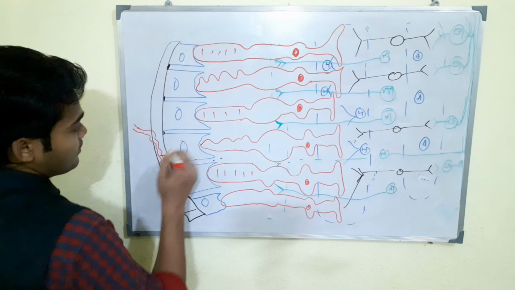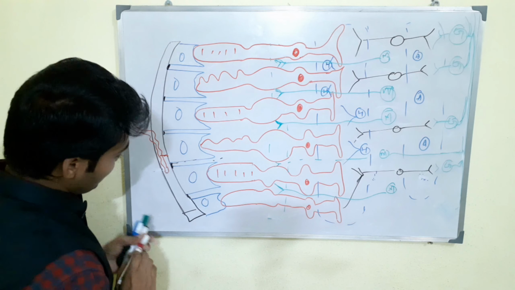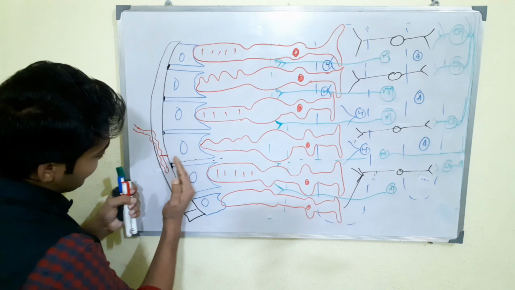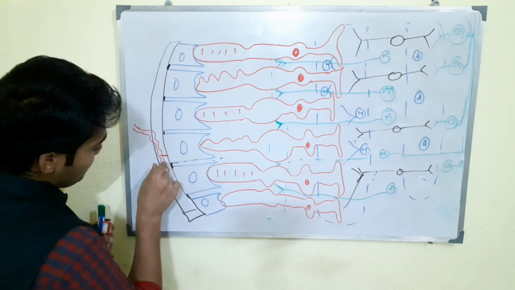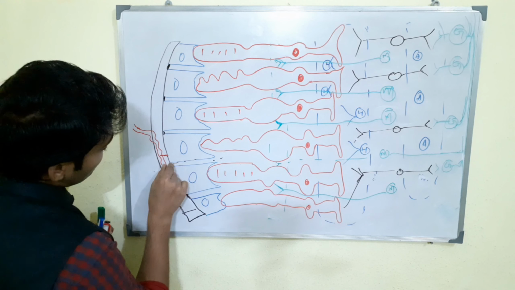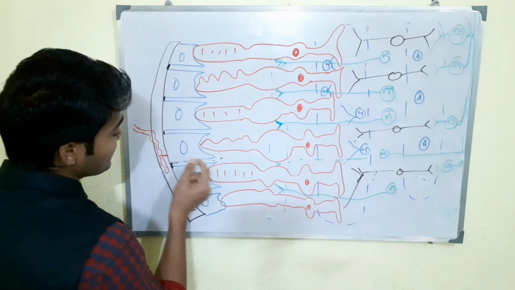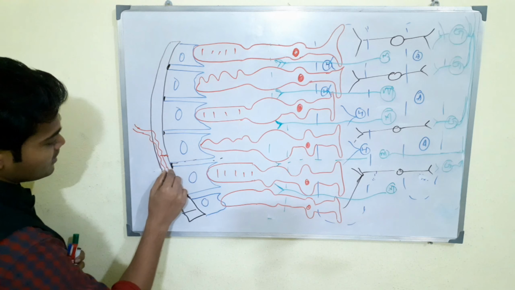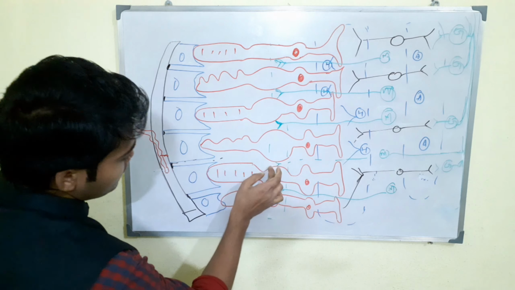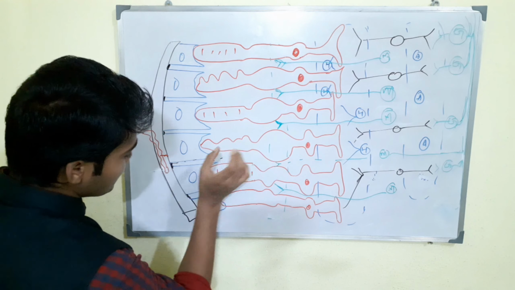Now this part helps to remain intact and protects here from the choriocapillaris; it acts as a blood retinal barrier, sorry, not blood brain, blood retinal barrier. This part also plays a significant role.